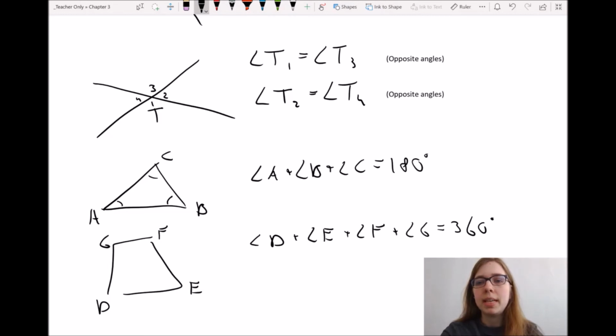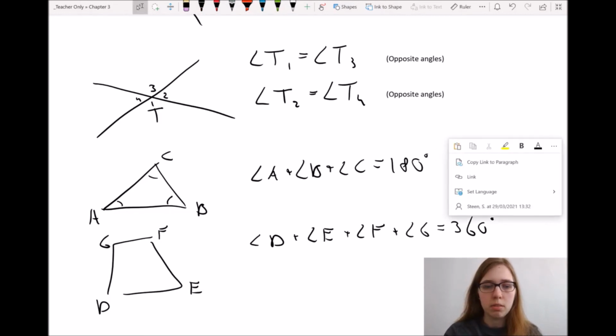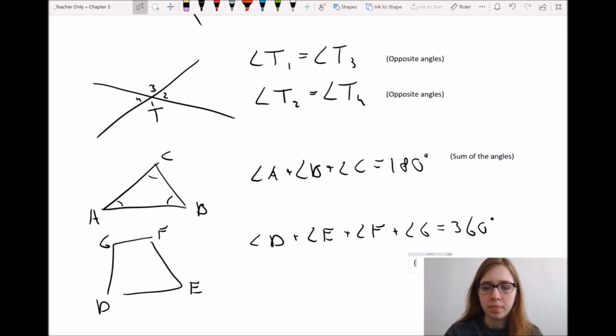And in both of these cases, we say that we know this from the sum of the angles. So those are some rules about angles and how we calculate with them. Later in this chapter, we're going to use these a lot.